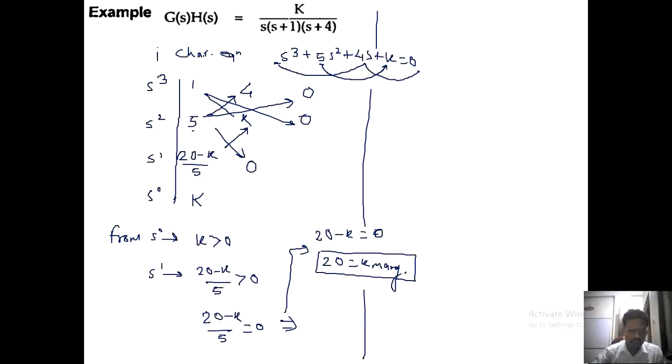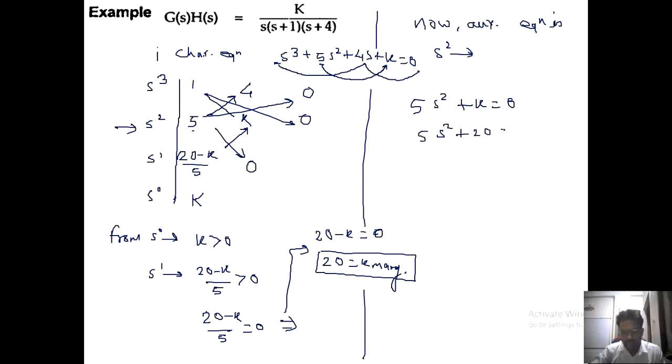Now next step: we have done with s raised to 0 and s raised to 1, and from the s square row we will get the auxiliary equation. The auxiliary equation uses the s square row, which is 5 and k, so 5s square plus k equal to 0. We have the value of k, so 5s square plus 20 equal to 0.